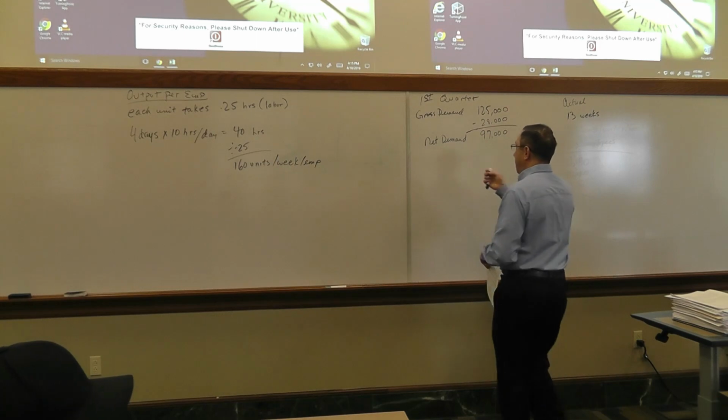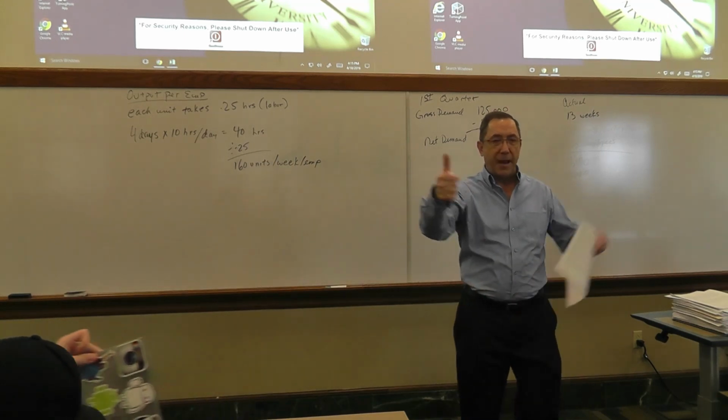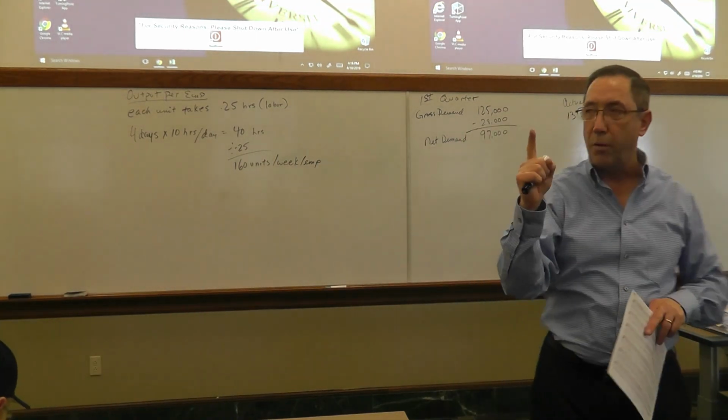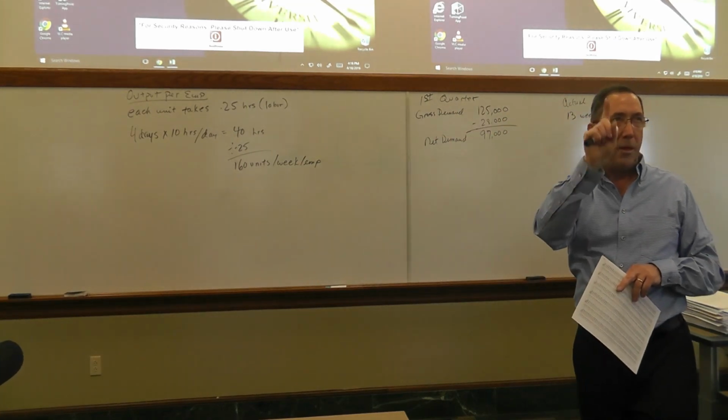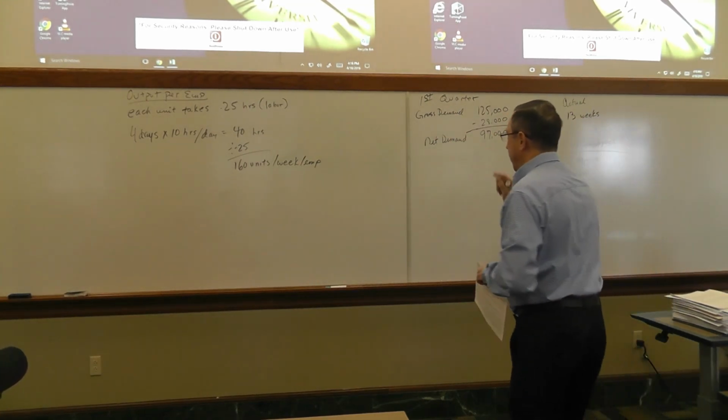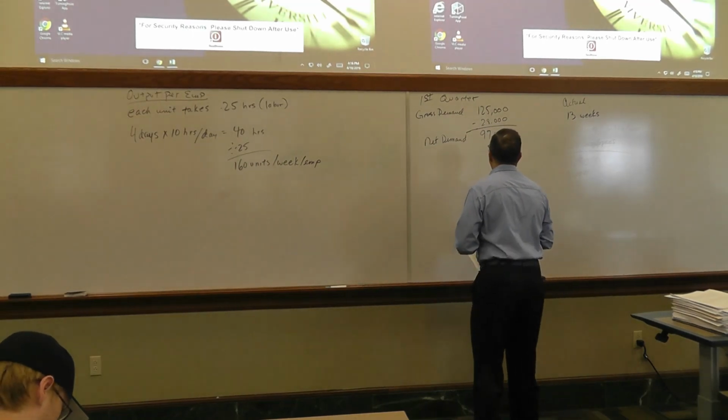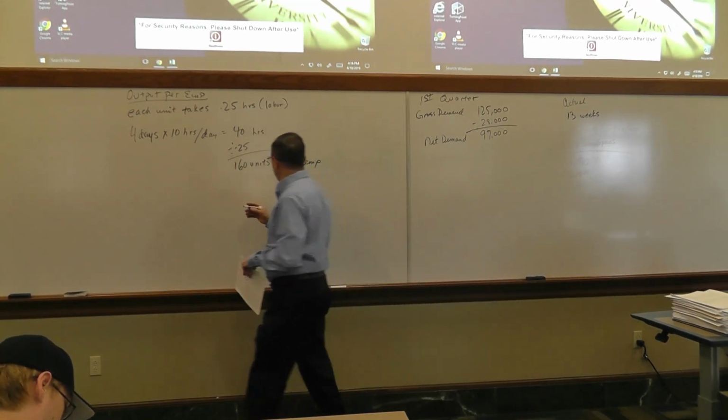Same basic idea. What's my net demand, not for the whole year, but for the first quarter? Divide that by how much one employee gives me, only in that first quarter. That tells me how many workers I'm going to need.